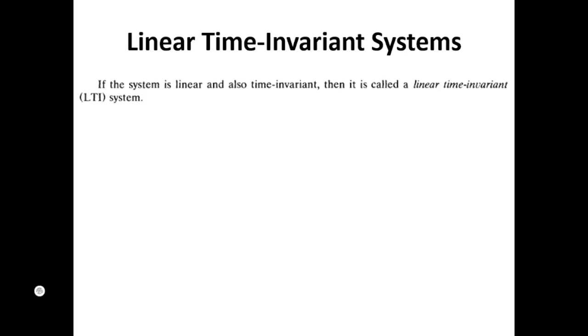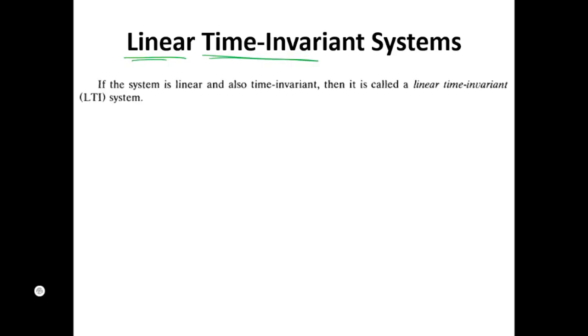Now coming to the linear time invariant systems. So what are linear time invariant systems? There are two components, linear and time invariant. Linear means it should follow the rule of superposition, a combination of additivity and homogeneity, and it should also be time invariant.